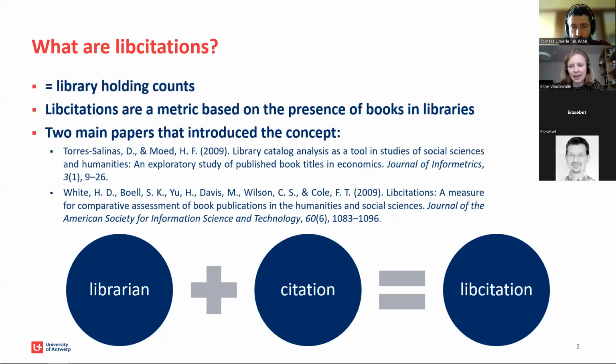These are also the papers that introduced the concept, and the term live citation was coined by the second of these papers as a contraction between the words librarian and citation. The idea being that a librarian, when they acquire a book for the library, offers a kind of citation of that book, so there is a clear parallel being drawn there with citations.